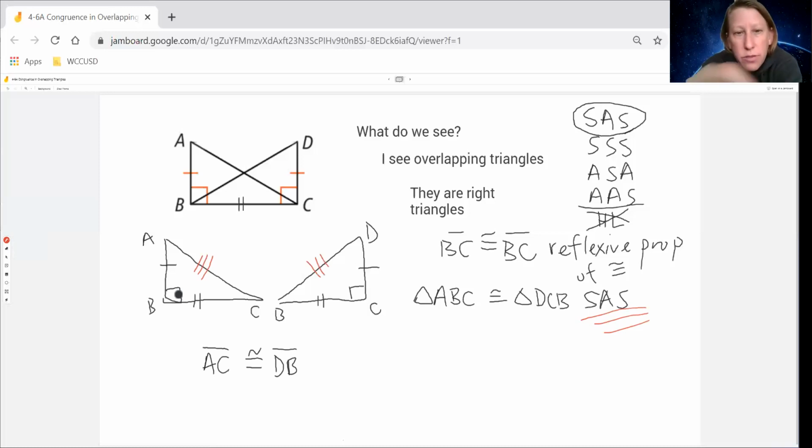So because the triangles are congruent, now I know that's congruent. What else do I know matches up? I know angle A matches up with angle D. They're corresponding parts, in the corresponding location. And I also know that angle C on this one matches up with angle B on this one.